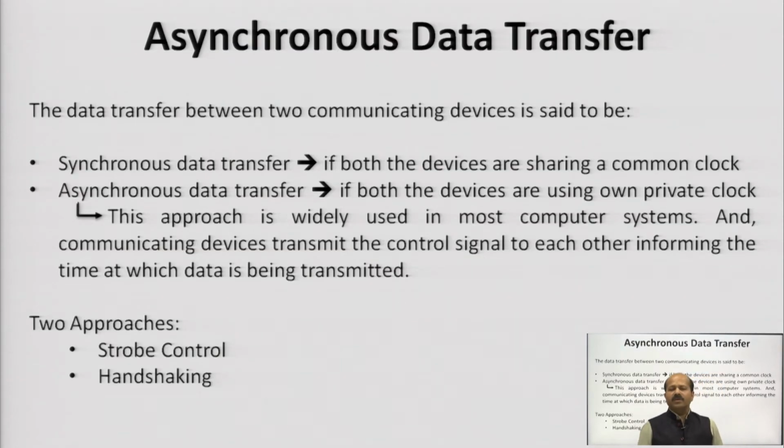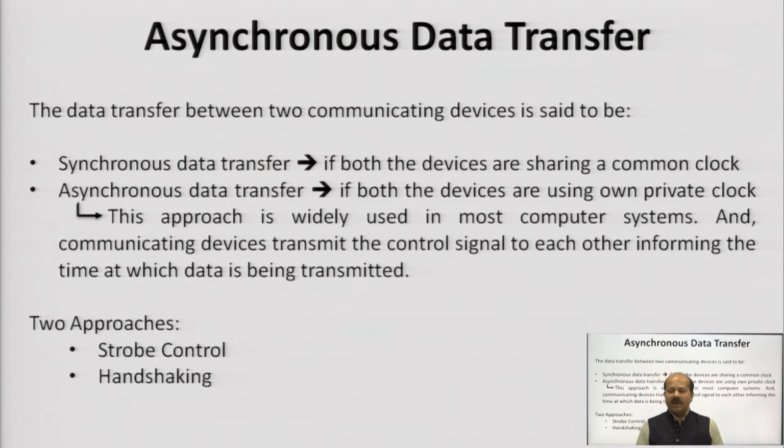So, in case of asynchronous data transfer, devices will have their own clock. There are two types of synchronization operation, means two devices which are taking part in communication can be synchronized in two ways. First is synchronous data transfer, second is asynchronous data transfer.